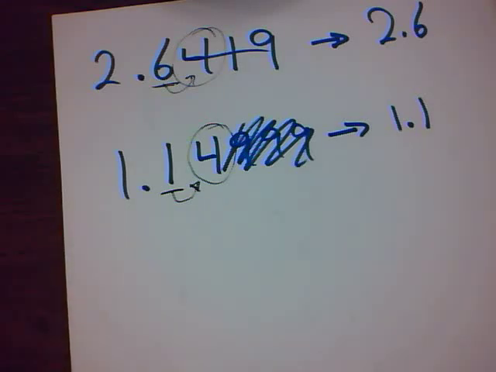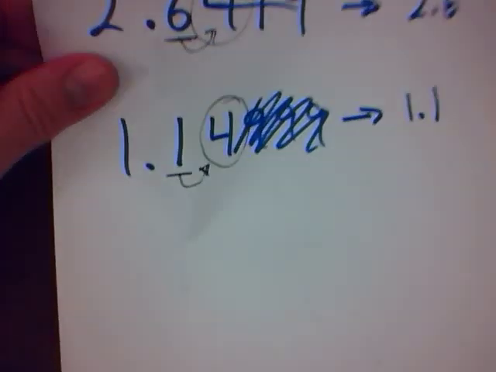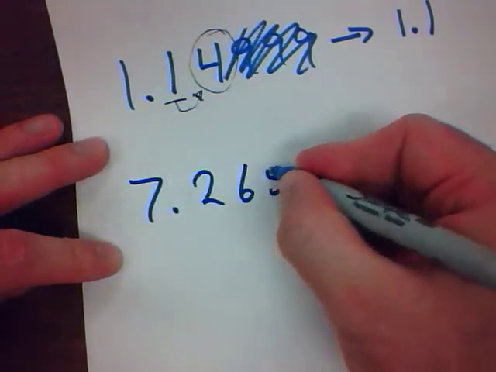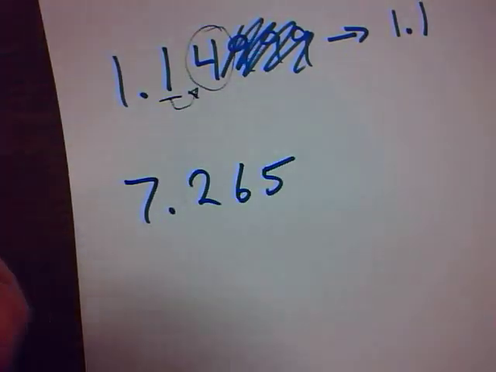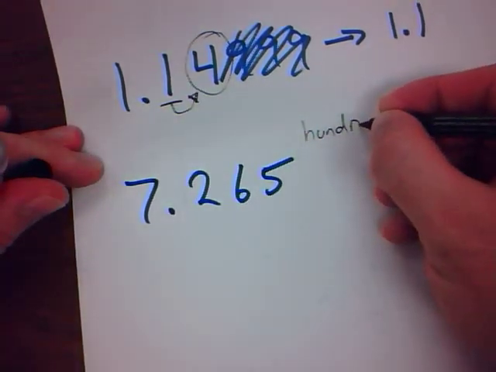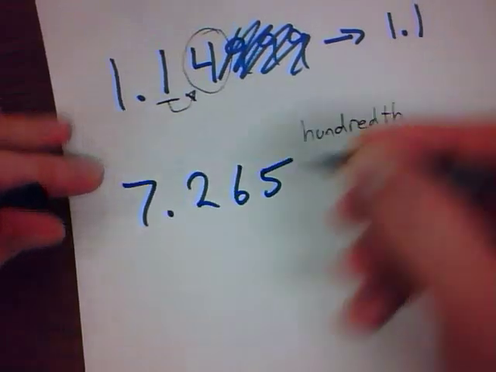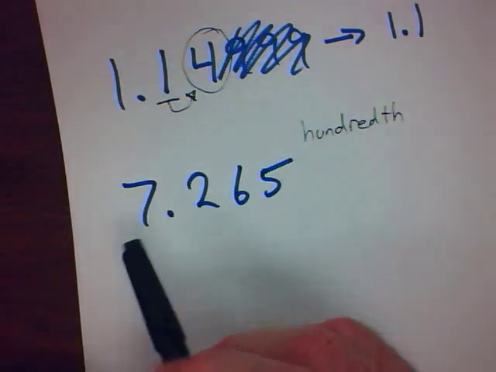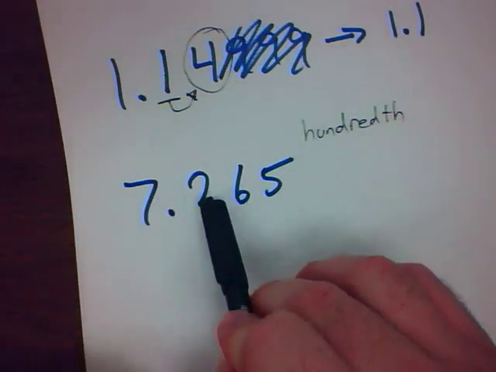Some more examples, now using other place values. 7.265. And now we're going to be asked to round to the 100th place value. All right. There's ones, tenths, hundredths.